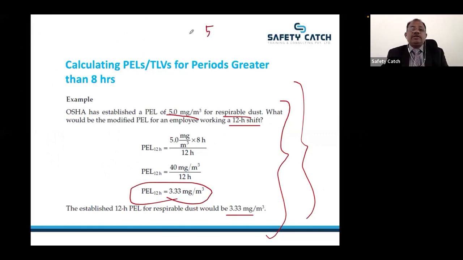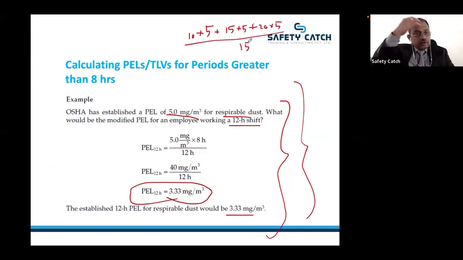So first 5 minutes 10 ppm: 10 into 5, plus next 5 minutes 15 ppm: 15 into 5, plus next 5 minutes 20 ppm: 20 into 5, each 5 minute value they will give, divided by 15. That is a STEL. So what value you get, that is the STEL value.